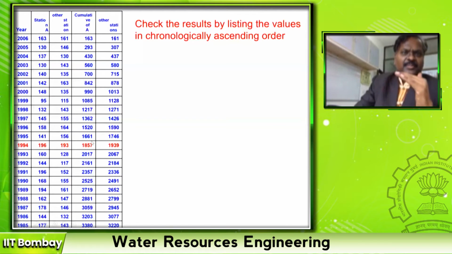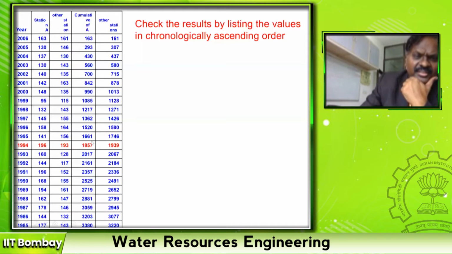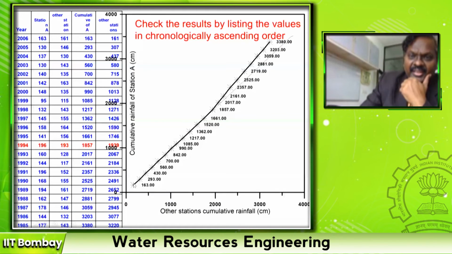Similarly, this is the other cumulative. Now I have to draw a graph, with the other stations' cumulative on the x-axis and the cumulative of station A on the y-axis. You can see it is gradually increasing like a linear line, and at a particular year there is a break. But after that year also it continues to be a straight line.